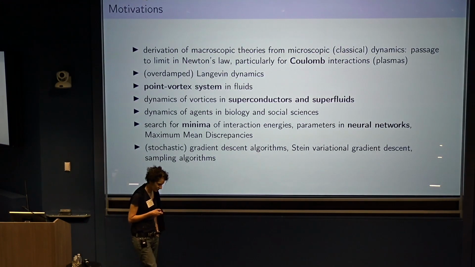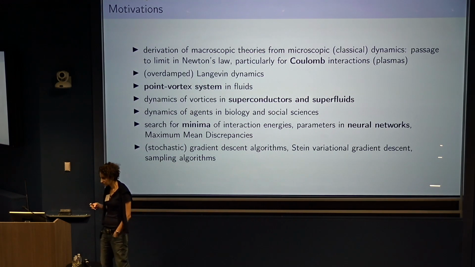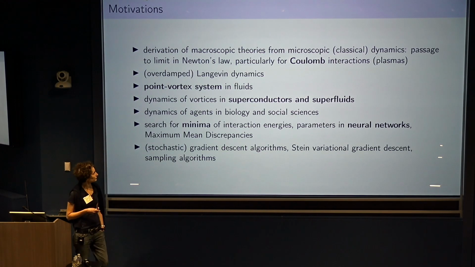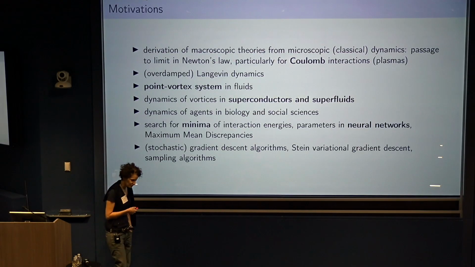So I want to say that looking at such questions is actually quite interesting and has many motivations and even possibly fundamental. I don't know. So one is certainly when you look at second-order evolutions, you're right in physics, Newton's law with, in particular, Coulomb interactions.